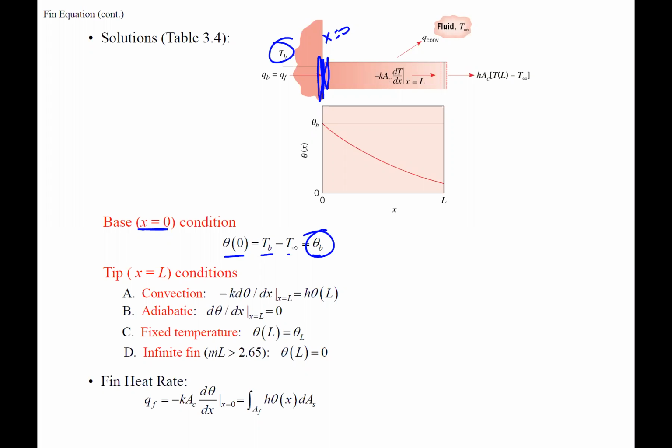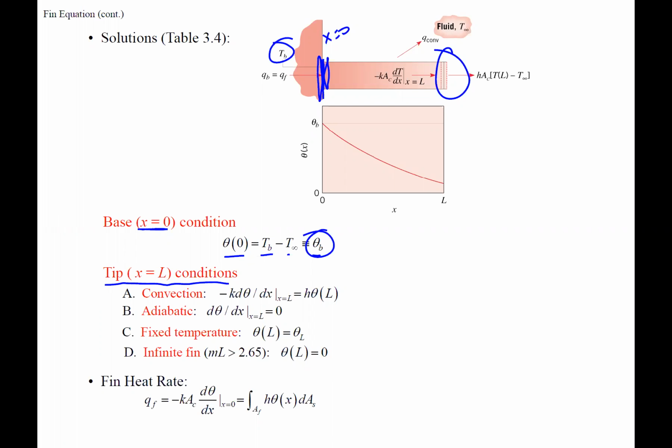And then the second one is at the tip, okay? And so at x equals L is our next boundary condition. It really depends upon what's happening in your application, or whether you can just simplify to maybe one of the conditions that are simpler to get the simpler equation.